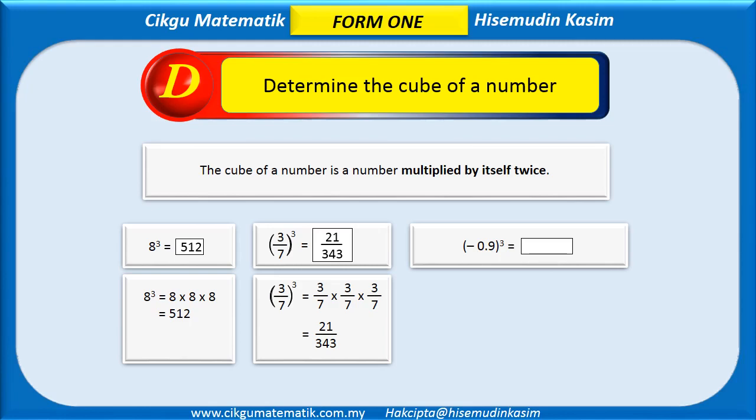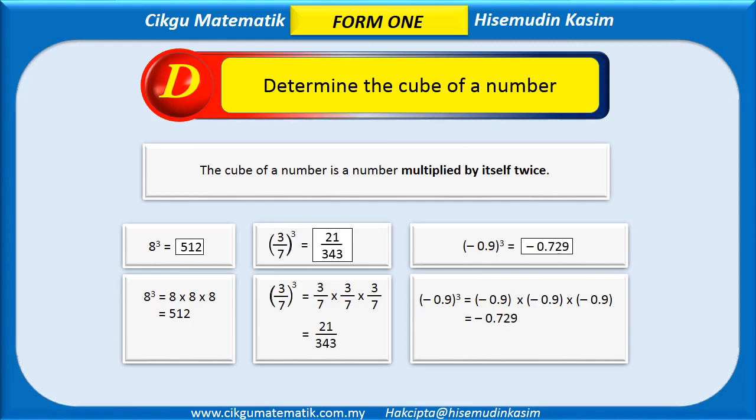Negative 0.9 cubed equals negative 0.9 times negative 0.9 times negative 0.9 equals negative 0.729.